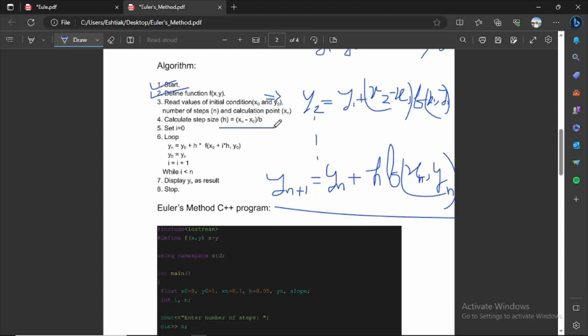The step size will be calculated as h equals x1 minus x0 divided by n. This form will tell us how many steps we will take for our approximation of this function. Here set i equals 0, and we will use a loop.